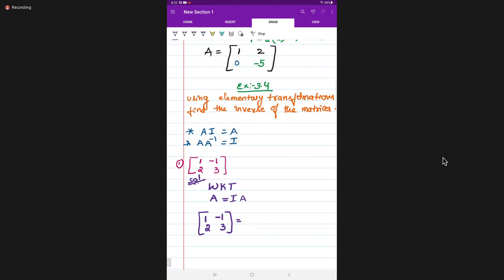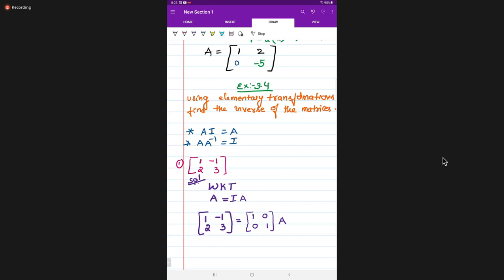I means identity matrix. Identity matrix means 1, 0, 0, 1, and that A is written as it is. Here the LH side capital A is the given matrix 1, minus 1, 2, 3, equal to identity matrix 1, 0, 0, 1 into A. Students, listen carefully.